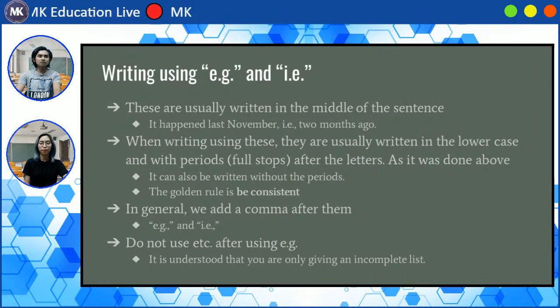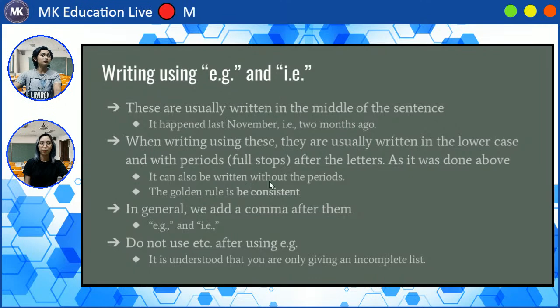Now, when writing using these, they are usually written in lowercase and with periods or full stops after each letter, as it was done above. So lowercase i, lowercase e, with periods or full stops in between.